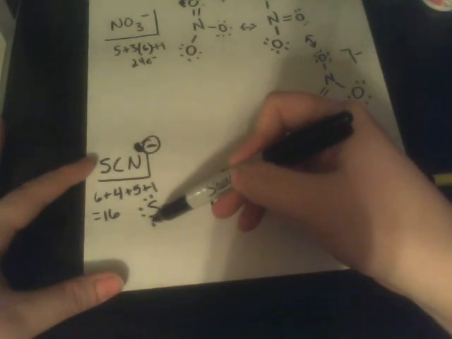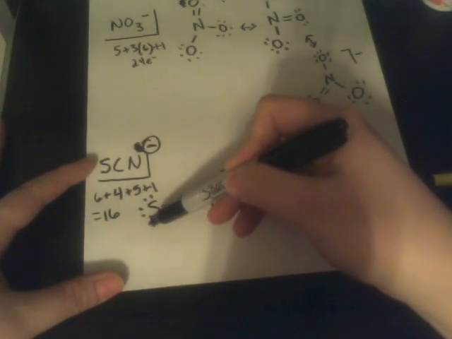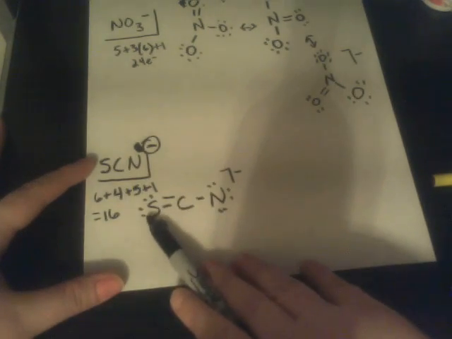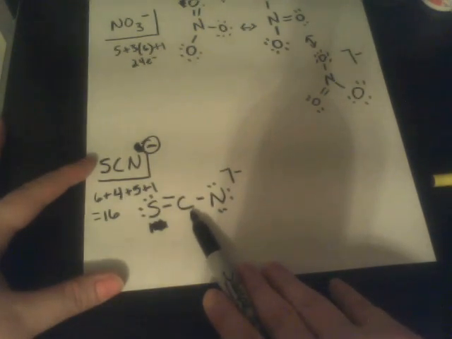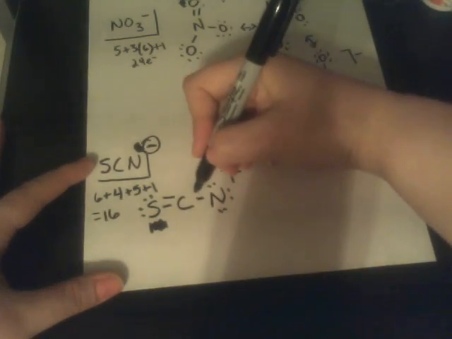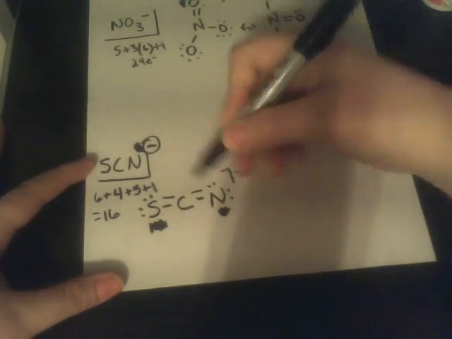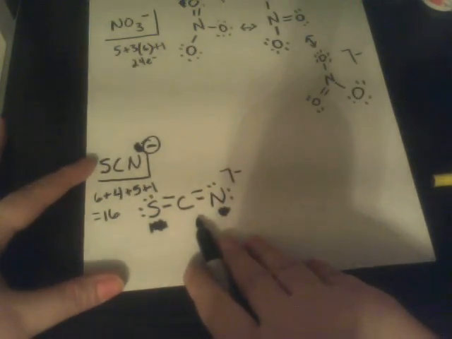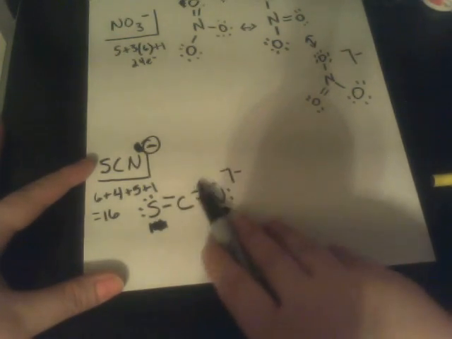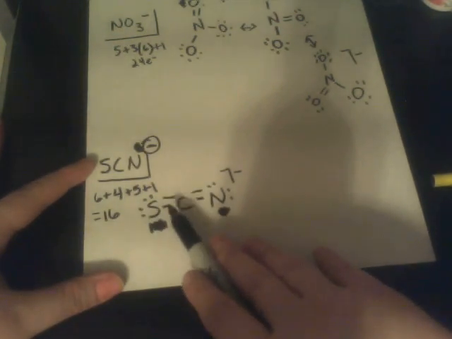So I could have a situation where I have sulfur double bound to carbon, and why don't we make nitrogen double bound to carbon as well? Satisfy carbon's octet. So in this situation, we still have 16 electrons, right? 8 around each of these guys.